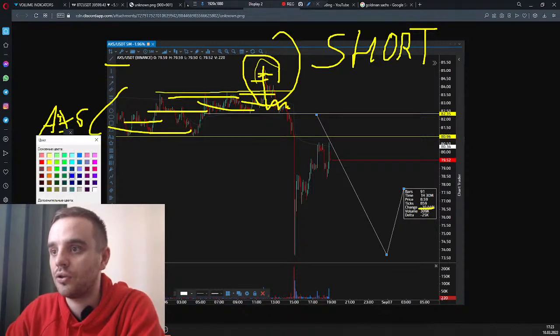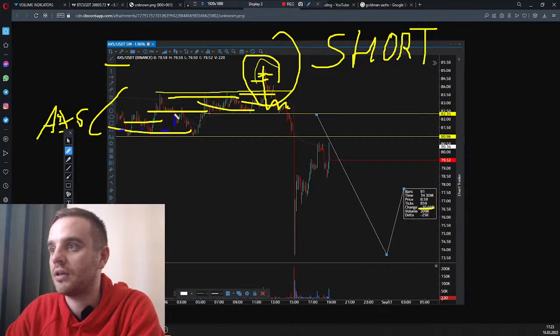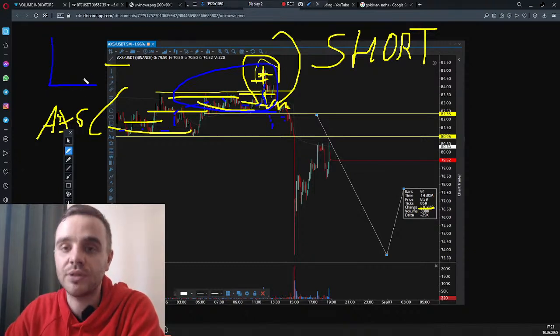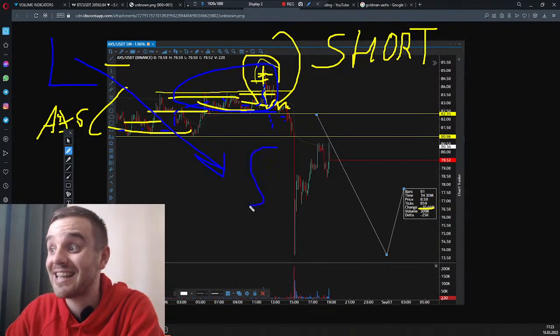Imagine you buy Axie here, and what happens to your position when price, for example, drops into this area? People that bought in this area and set stop losses, when you have a long position and price hits your stop loss, you sell.